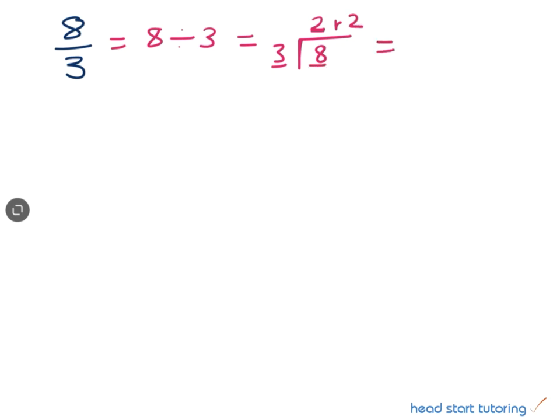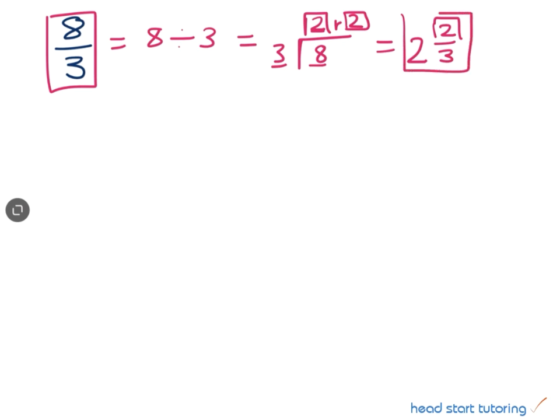So we know that we have got 2 wholes. 3 fits into 8 twice, and we've still got a remainder of 2. Now that remainder of 2 still needs to be divided by 3, so that remainder of 2 acts as our new numerator. So 8 over 3 as a mixed number is equal to 2 and 2/3.